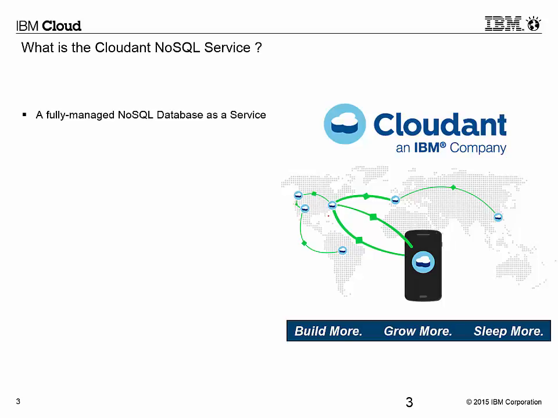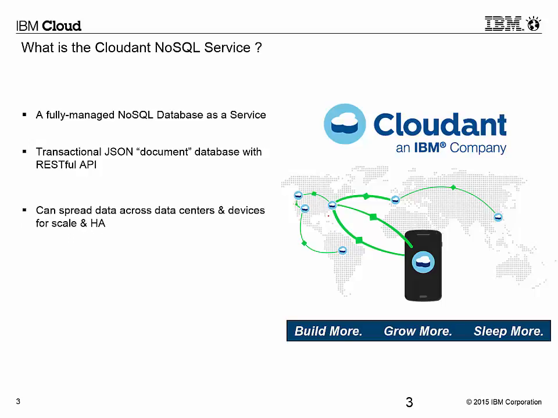You just need to provide your code and your data. It's a document-oriented database, as we mentioned earlier, and the document format is JSON. It also comes with a RESTful API, which we will discuss in much more detail in a few slides.